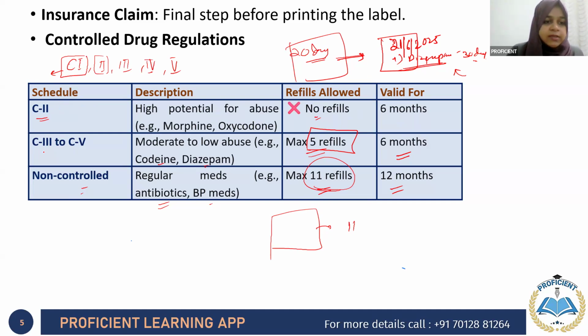Schedule 3 to schedule 5 have low to moderate abuse potential. They can have a maximum of 5 refills, valid for 6 months. Non-controlled drugs: maximum refills is 11, and it is valid for 12 months.